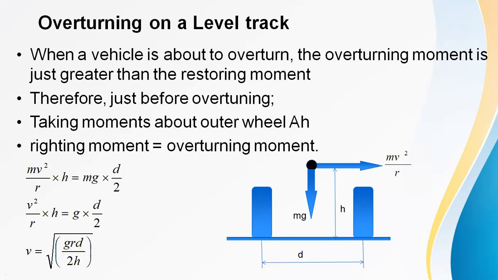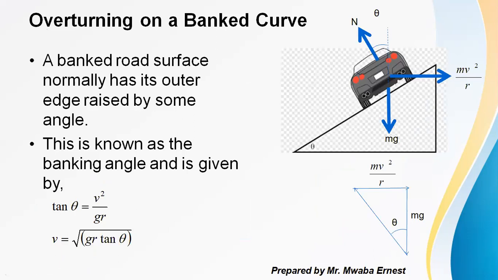But there's another condition that improves on the speed at which a vehicle can go around a curve. This is known as banking. What may happen to cause overturning?